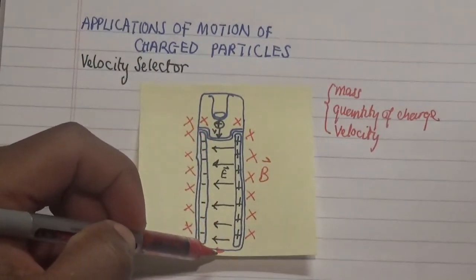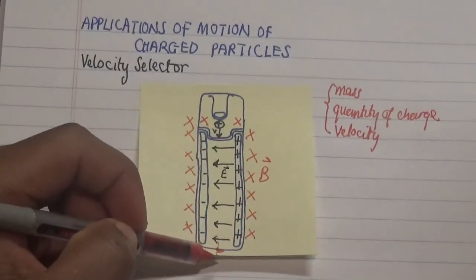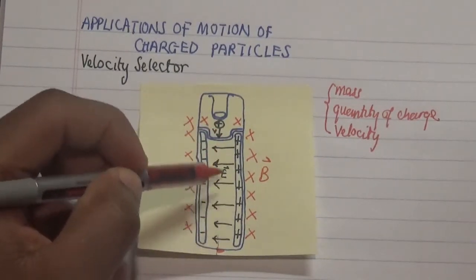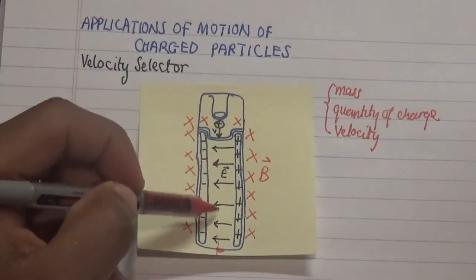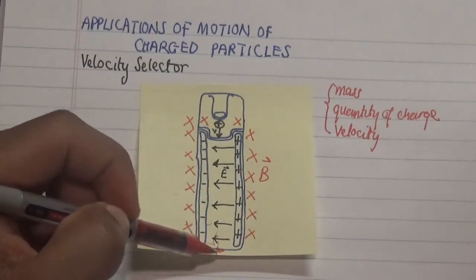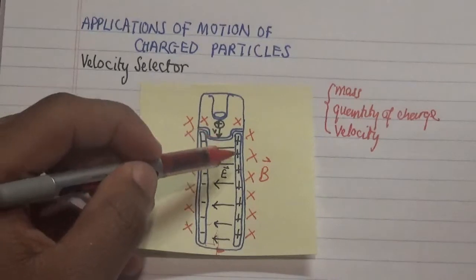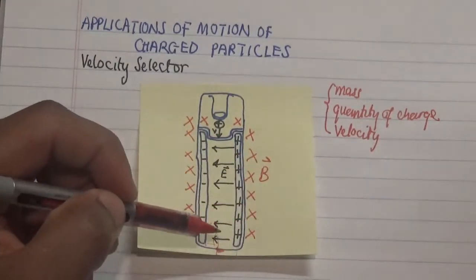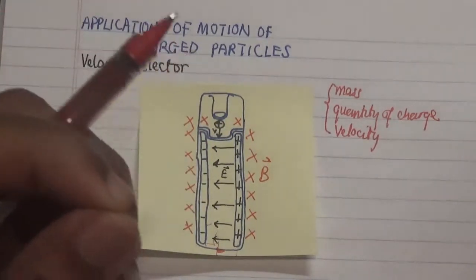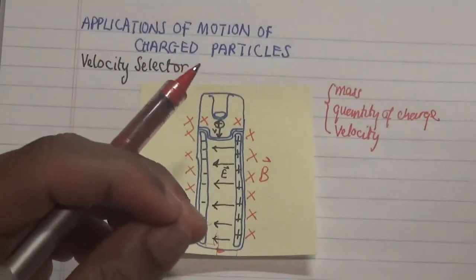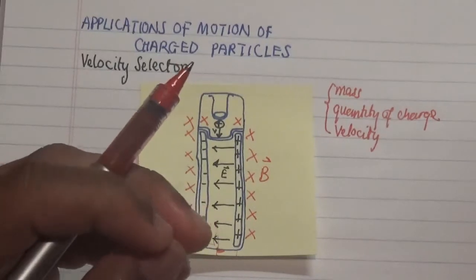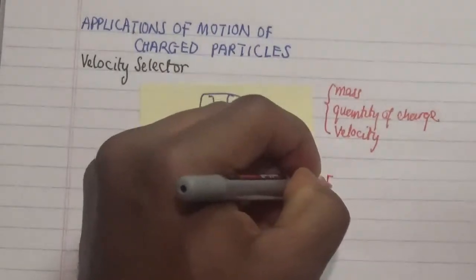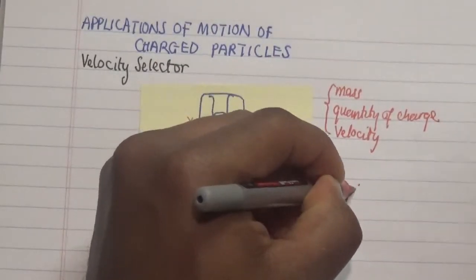For it to go in a straight line, this charged particle must not deflect, because if it deflects, it will lean towards the left or lean towards the right with respect to our rod system and also with respect to the magnetic field. So what do we need to take into account in here? The net force must be equal to 0.